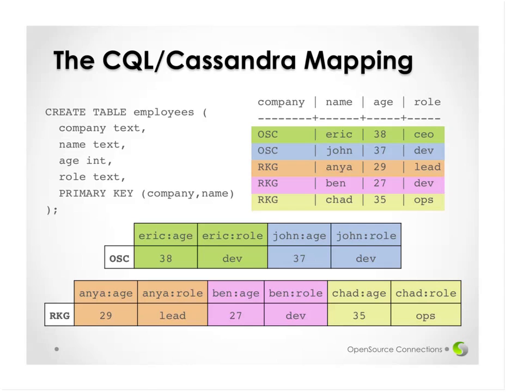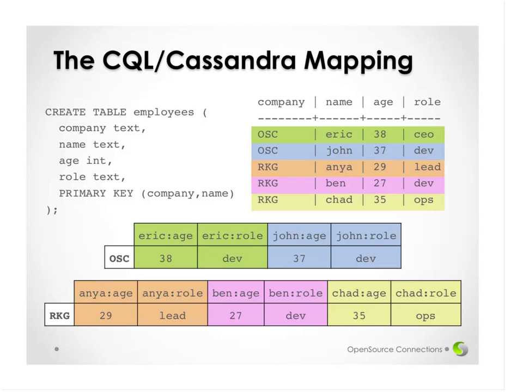So take, for instance, those top 2 rows in the CQL version, Eric and John. Since name is the second element of the primary key, the actual name is going to be encoded in the column names for the internal data structure there at the bottom. Let that absorb for a little bit. We're actually storing the data in the column names itself.